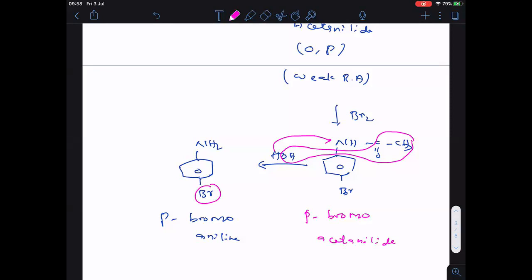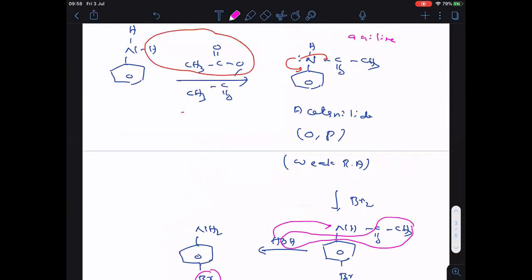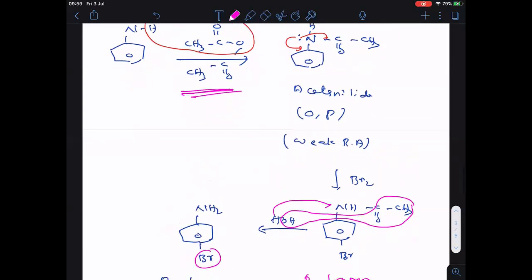So if you want the mono-substituted product, you have to do acylation with acetic anhydride. Then you will get the mono-substituted product here.